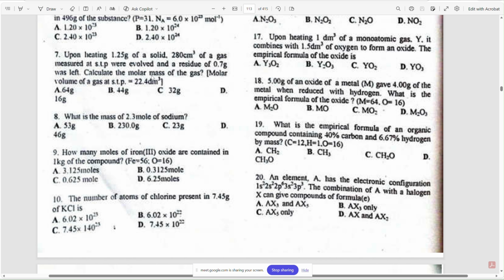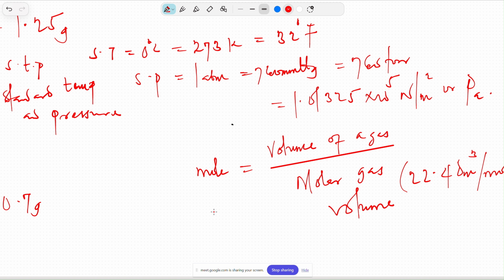Remember I stated that a particular mass of the solid has been converted to this gas. So you can simply get the mass of the gas by subtracting 0.7 from 1.25 grams. So let's work that on the whiteboard.